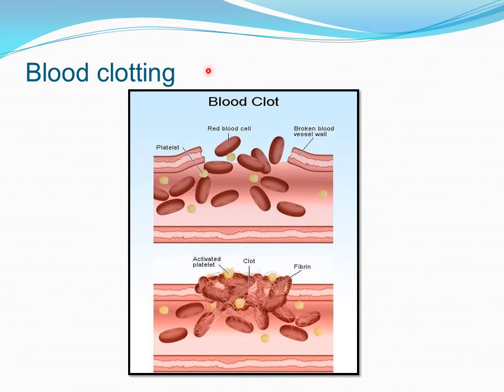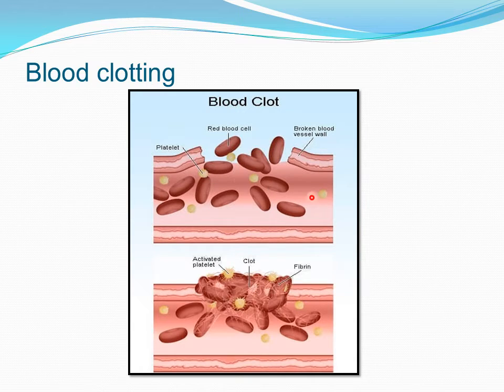Now first let us see the picture of blood clotting, so we will get an idea of how the blood is clotting. Now this is the blood flowing through a blood vessel. See my pointer over here. As soon as there is a cut or injury in the skin, the blood starts oozing out. Now what is happening here?